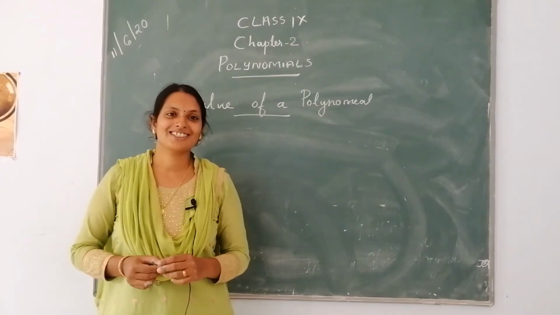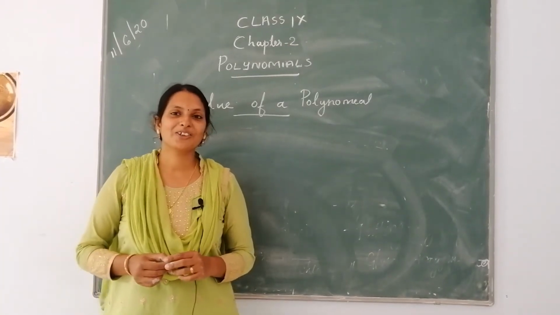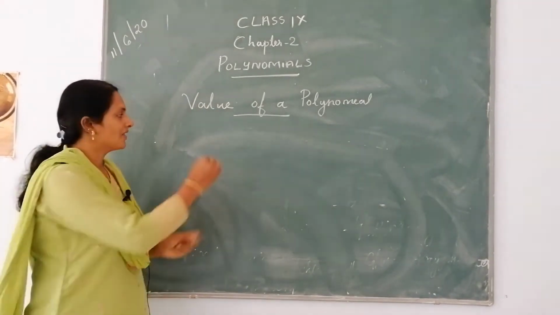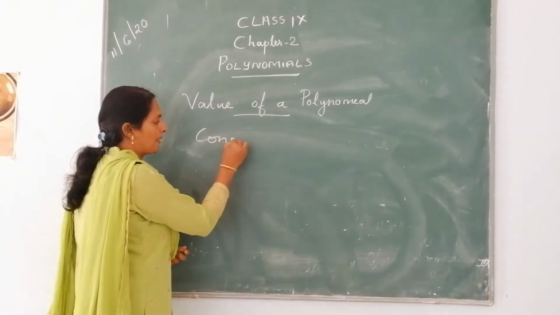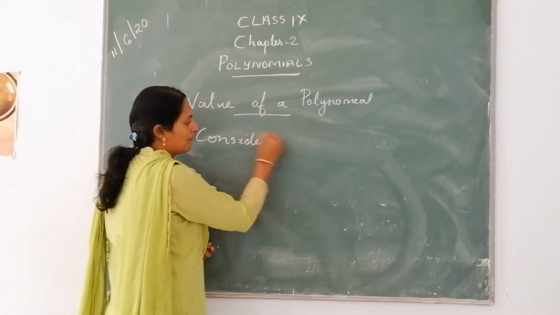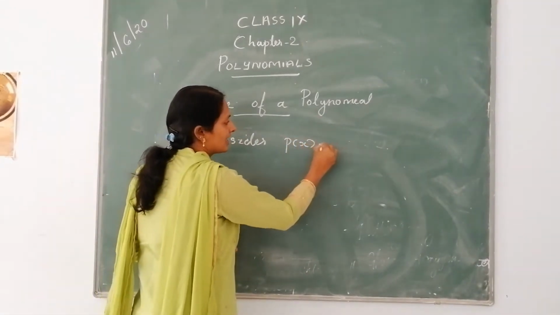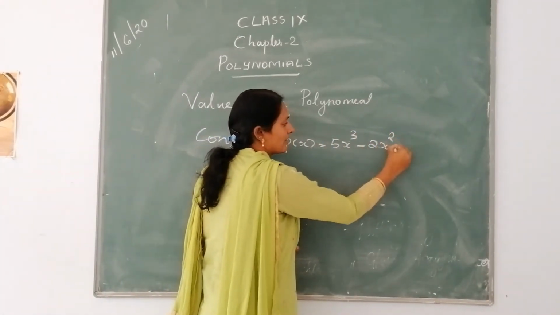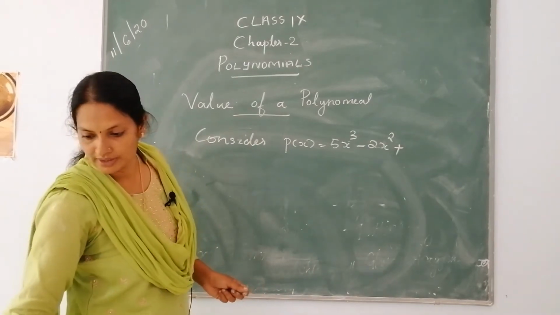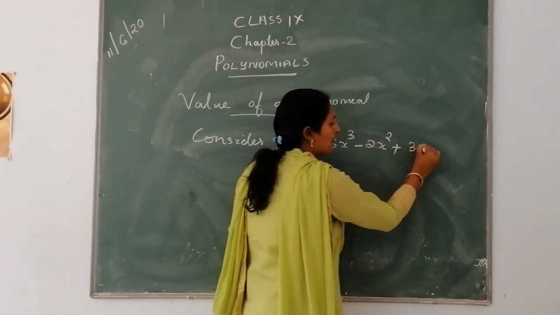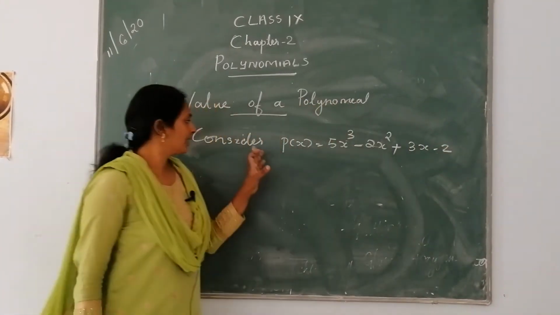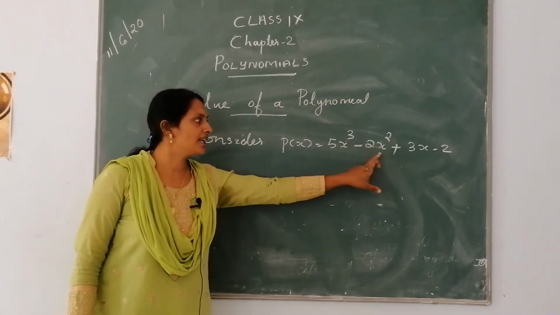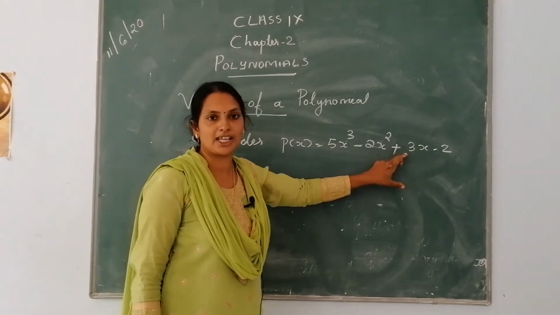Good morning, students. We are going to start with the topic value of a polynomial. First, consider a polynomial P of x is equal to 5x cube minus 2x square plus 3x minus 2.